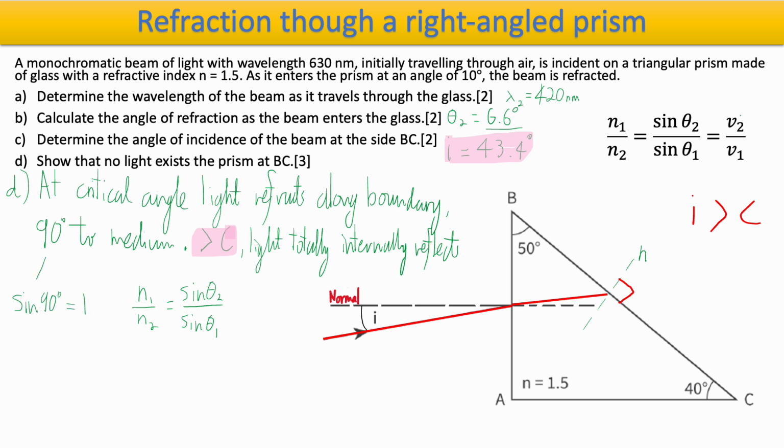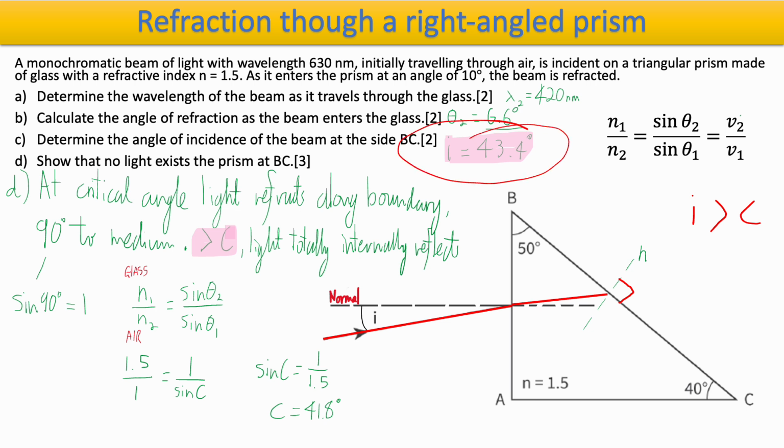Sine of 90 is 1, so that makes the math pretty easy. This gives us, using the refractive indexes, sine theta 2, 90 degrees, is 1. So to find sine C, that gives us 41.8 degrees. As our angle of incidence is bigger than that, yes, it will totally internally reflect. There you go.